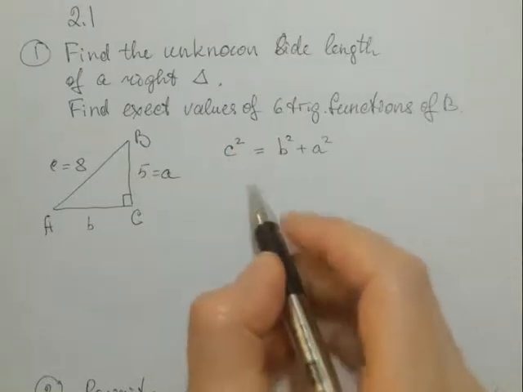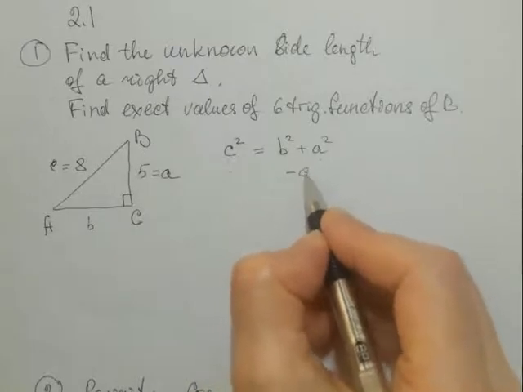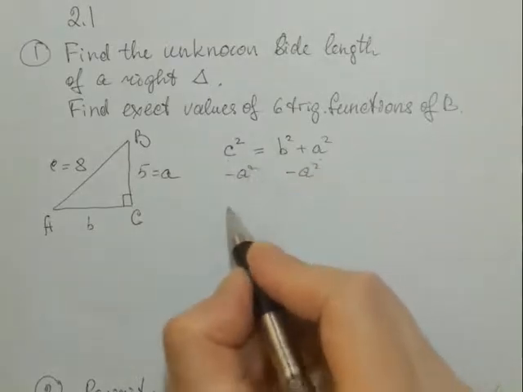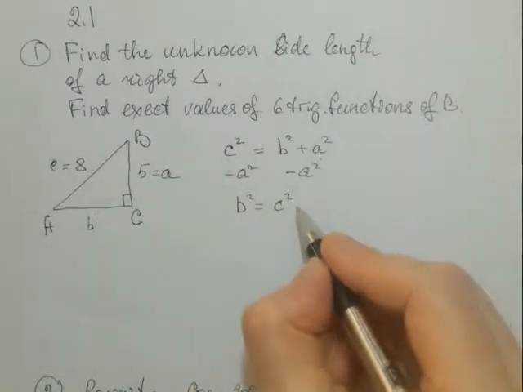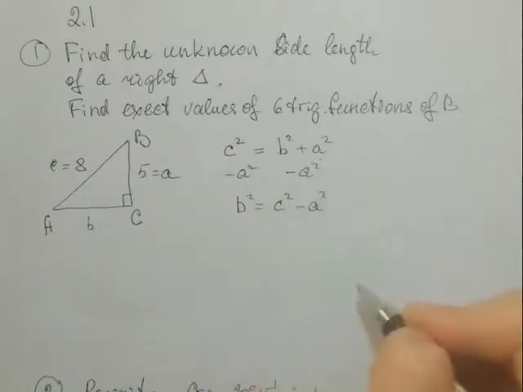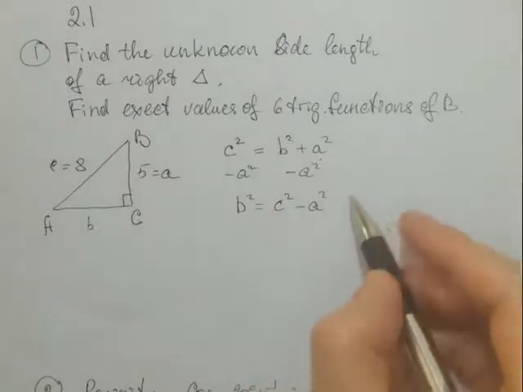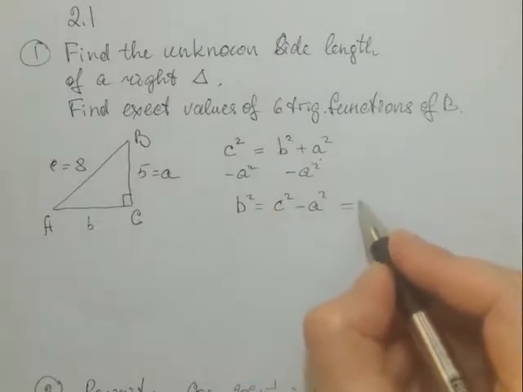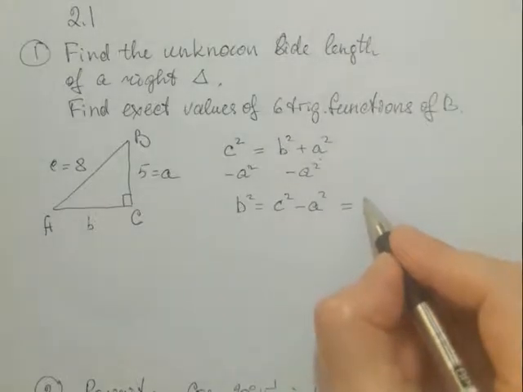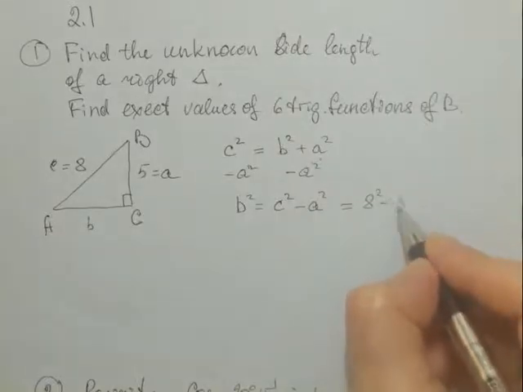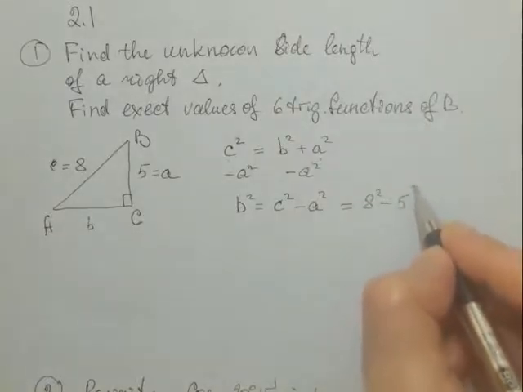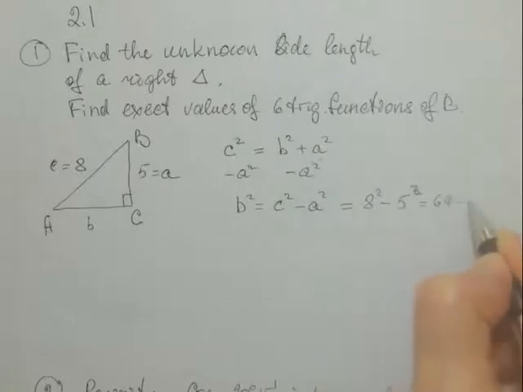We solve this equation for b. We subtract a squared from the left and from the right and get b squared equals c squared minus a squared. We can substitute c and a in this step. c squared is 8 squared minus a squared, 5 squared. 64 minus 25 equals 39.